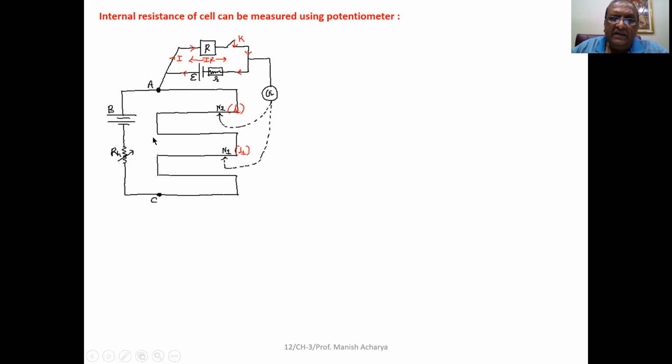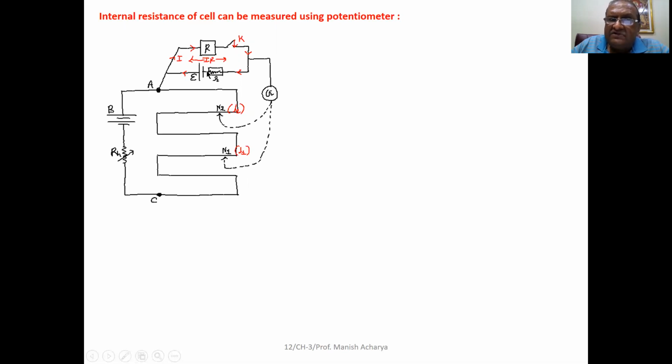See, A to C is the potentiometer wire, then the rheostat, this is the driving battery which is operating the circuit, then the cell for which you want to find the internal resistance. Its positive terminal we have to connect with the positive terminal of the potentiometer, that is terminal A, which is connected with the battery.